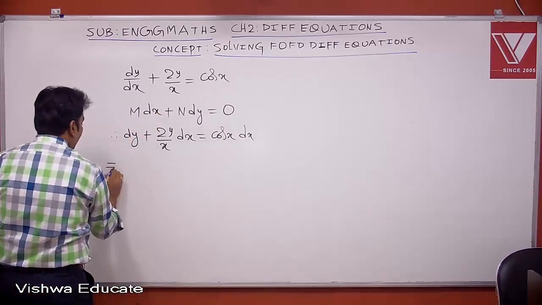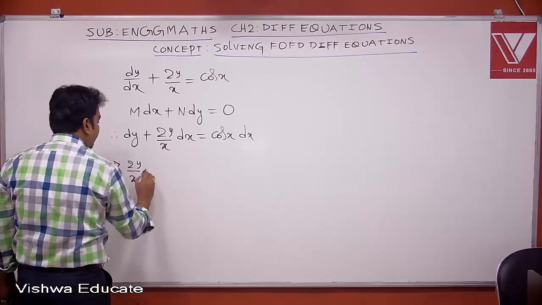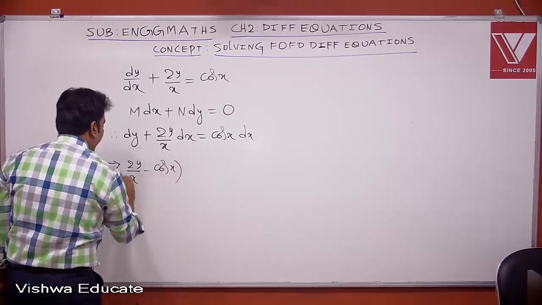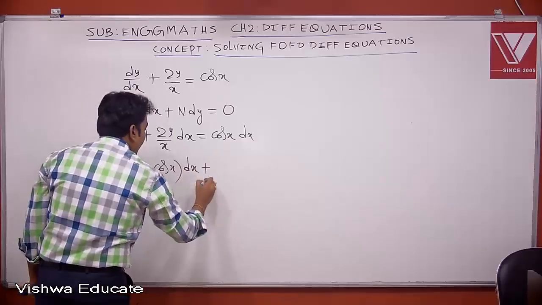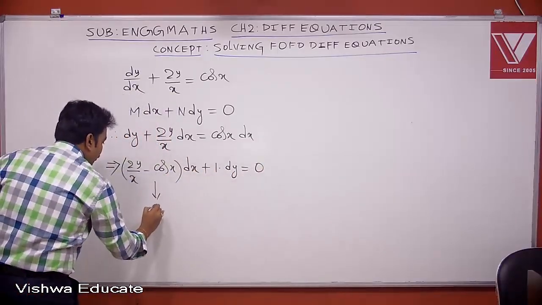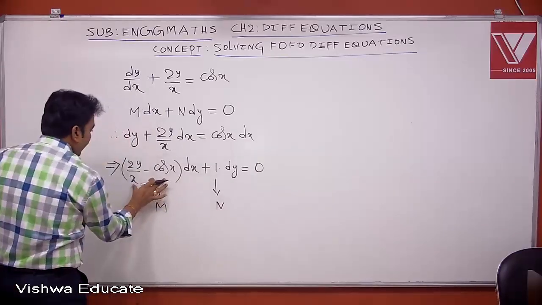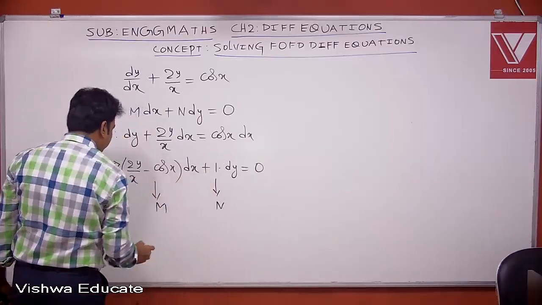Now rearrange all the terms to one side. This equation will be reduced to (2y by x minus cos x) dx plus 1 dy equal to 0. Now this is the M value and this is the N value. So M is 2y by x minus cos x and N is 1.